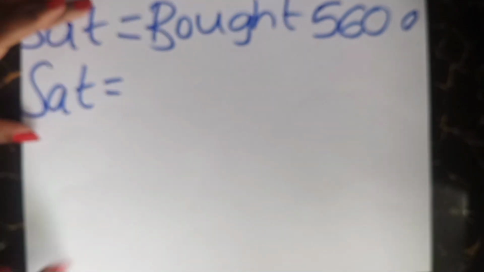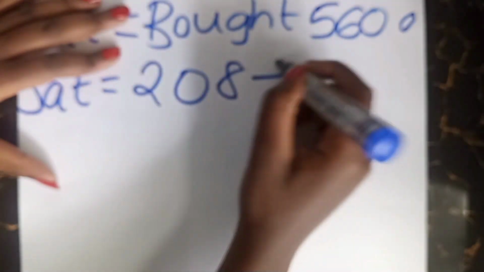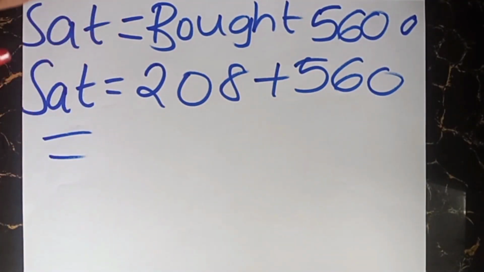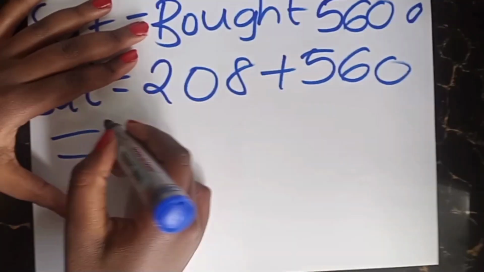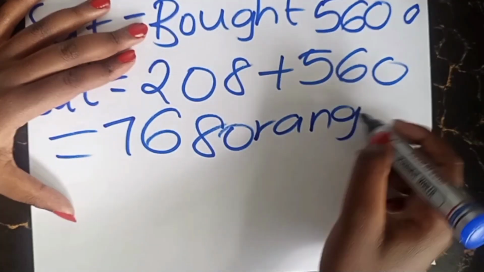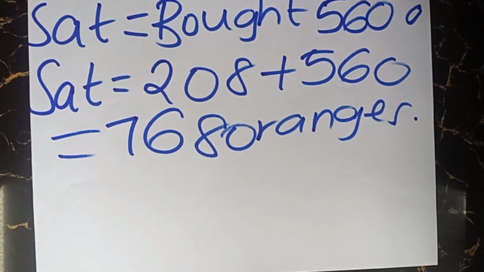So on Saturday he had 208 plus 560. When you do that, you get a total of 768 oranges.